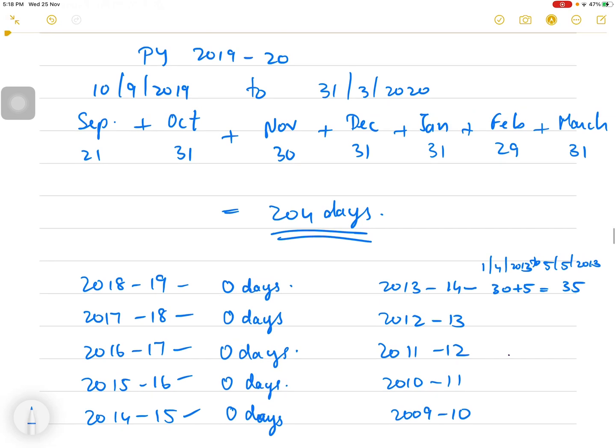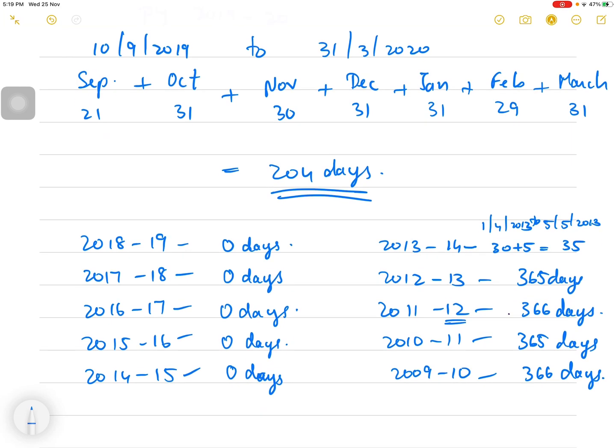And before 13-14 she was always in India. So 365 days. I think 2012 is a leap year, so 366 days, 365 days, 366 days. Okay, so from 13-14 onwards she was always non-resident.